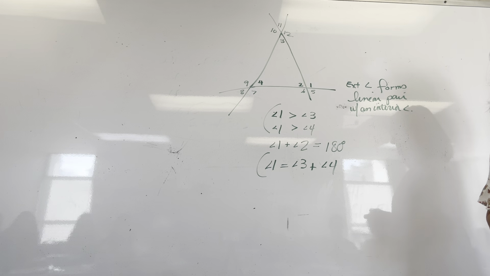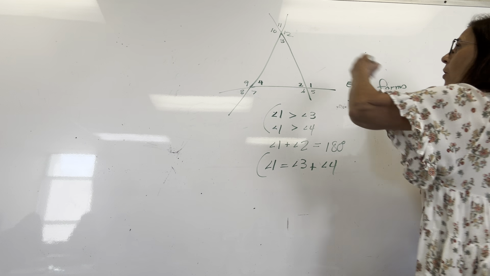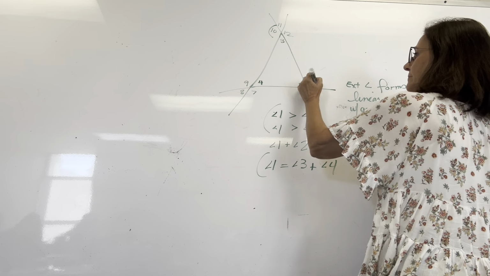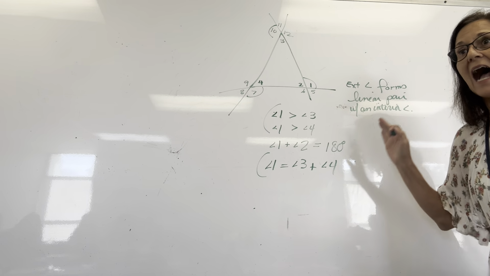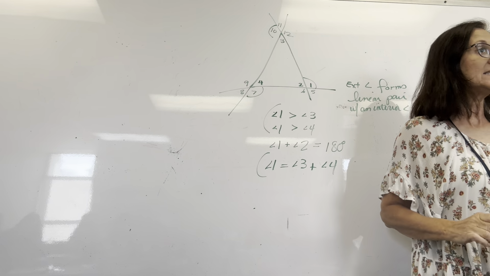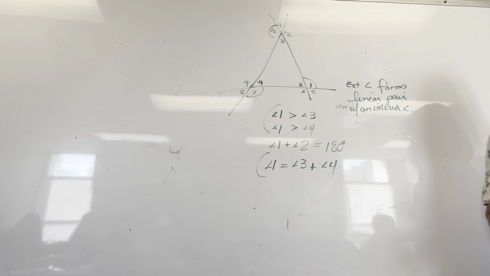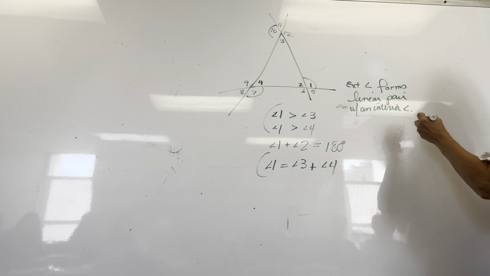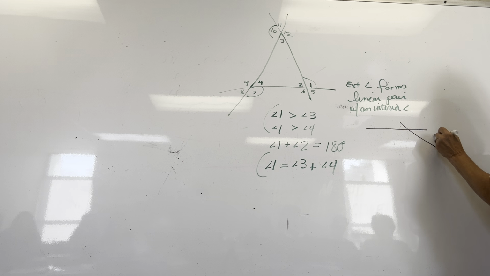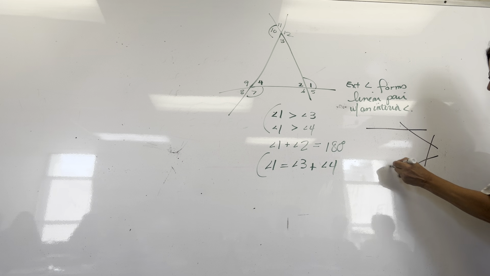360. Why? Because when we go around the exterior angles on the same side, does it matter how many sides I have? No. It does not matter. Let's just see how many sides I can make. I'm going to close this.